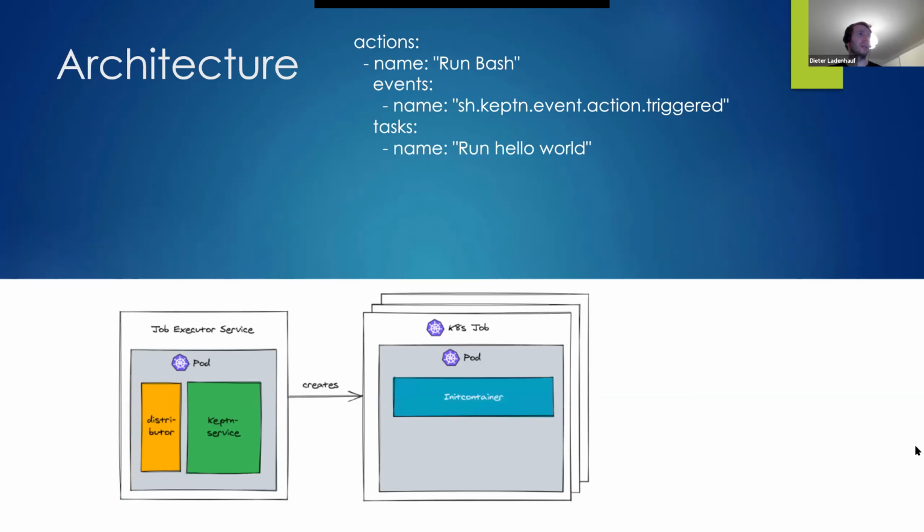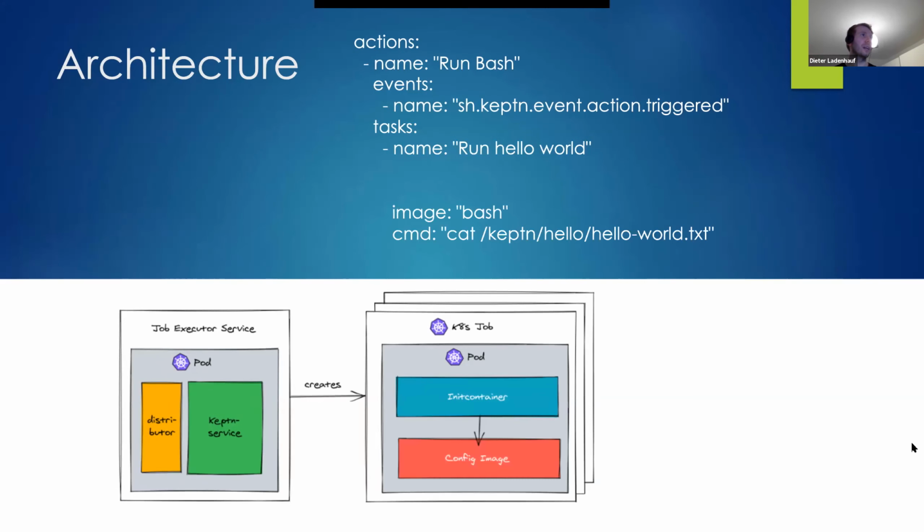Within the Kubernetes job, you have an init container which runs before the job. I'll come back to that in a minute. And you can specify which image you want to run and which command is executed within the image. So for example, here we say, well, we want to run cat of some file.